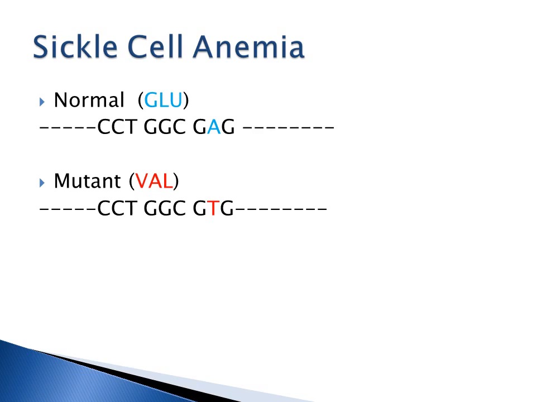You can see here the normal sequence compared to the mutant sequence. So in the normal sequence, we have GAG, which codes for a glutamic acid. In the mutant sequence, that A is substituted to a T, and GTG is encoded as a valine.